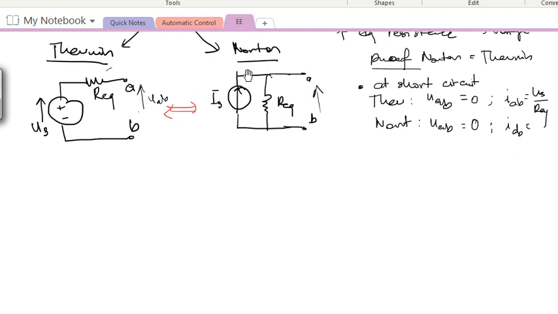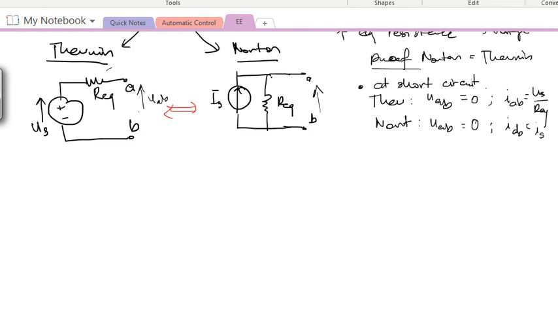The current IS goes out of the power supply. It has the choice at this node to go into R equivalent or to go into AB, the conductor at AB. So which one would it choose? R equivalent means there is a resistance, but AB is just a conductor, a short circuit, which means there is no resistance. So of course the current would prefer to go through an easier path. So IAB is going to be equal to IS. So IAB equals IS.